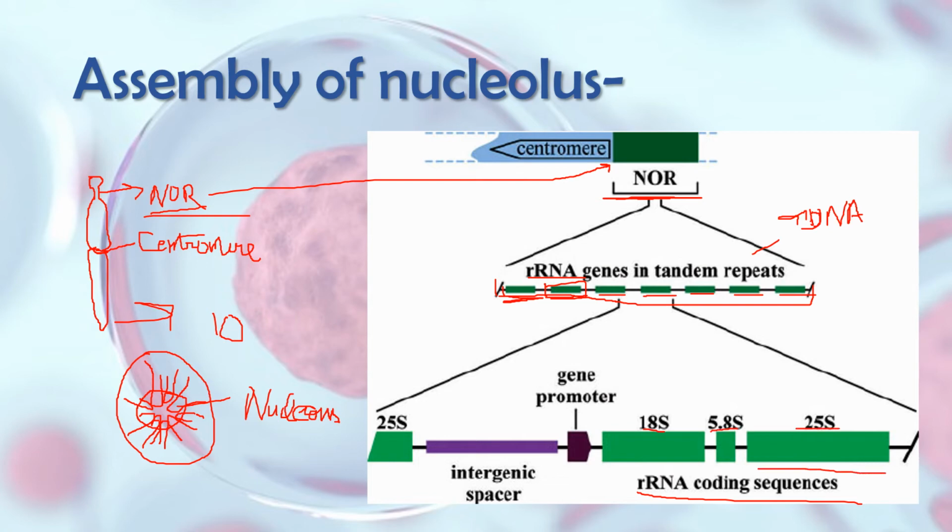These coding sequences are interrupted by small ITS regions, which do not code for any sequences. So these are ITS spacers, and these three sequences are repeated again and again. So these are tandem repeats. Here we have the promoter gene, which is responsible for the initiation of the transcription process.